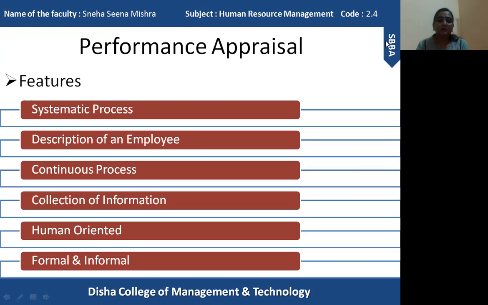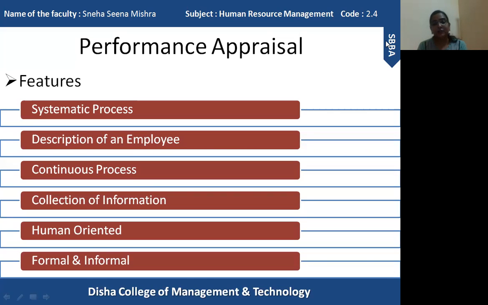So here they can use modern methods, but this entire process depends upon human beings. This entire process depends upon the employees of the organization, whether they are seniors, whether they are juniors, or whether they are working in the middle level of the organization. So it is entirely human oriented, done for the employees and conducted by the employees also.